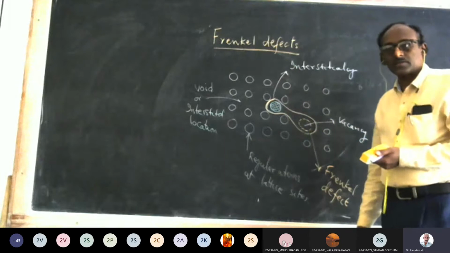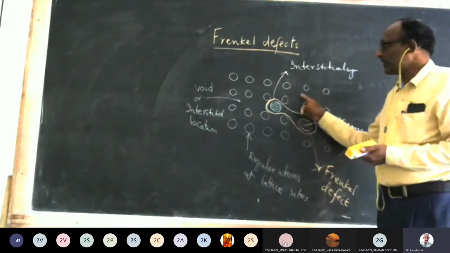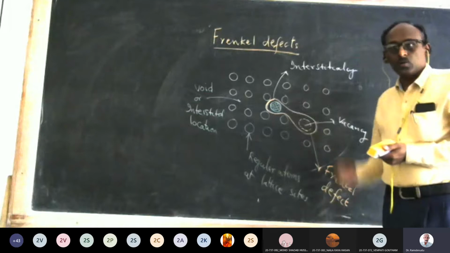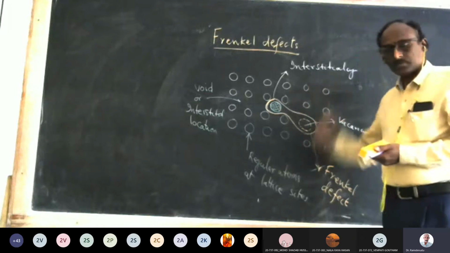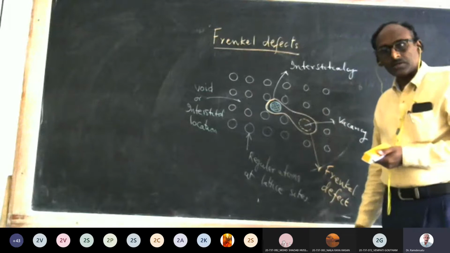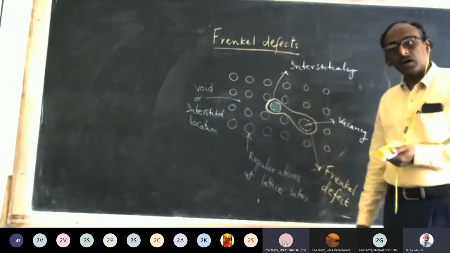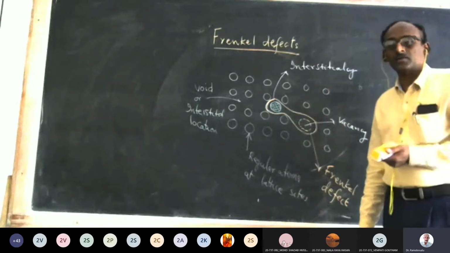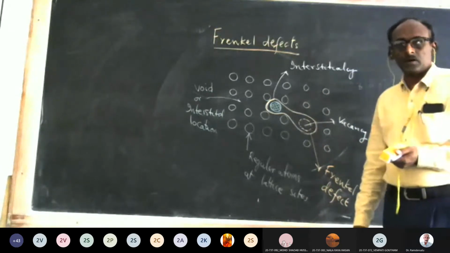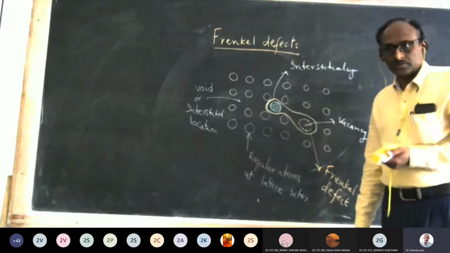Generally, Schottky defects are shown by ionic crystals, and Frankel defects are shown by close packed metallic structures. Whereas alkali halides, which are generally ionic solids, show Schottky defects.